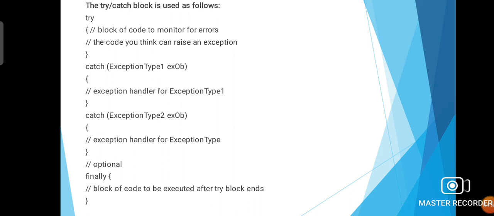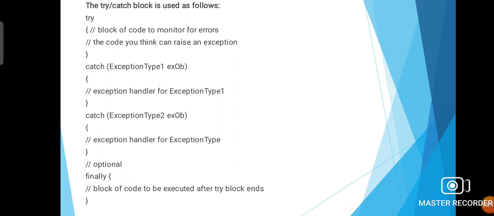Similarly, in our program we can have more than one catch block. Each catch block will handle one type of exception. So if we have to handle more than one type of exception, we can have a number of catch blocks accordingly. And finally we may have another block called finally.